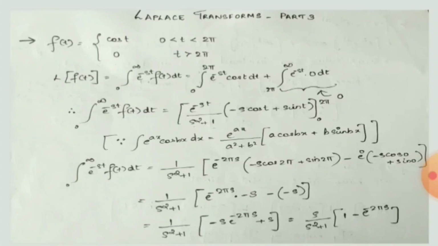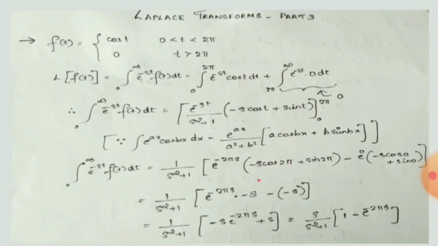First we'll apply 2 pi. So it becomes 1 by s square plus 1 into e raised to minus 2 pi s into minus s cos 2 pi plus sin 2 pi minus e raised to 0 into minus s cos 0 plus sin 0. Now cos 2 pi is 1 and sin 2 pi is 0, and cos 0 is 1 and sin 0 is 0.